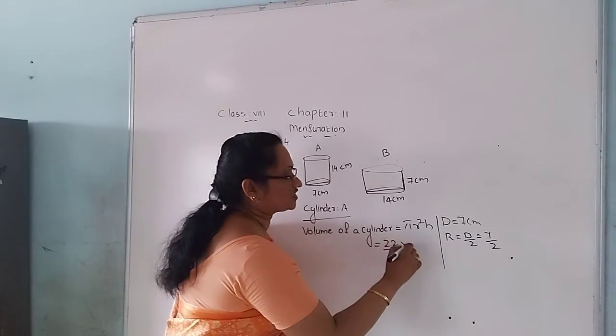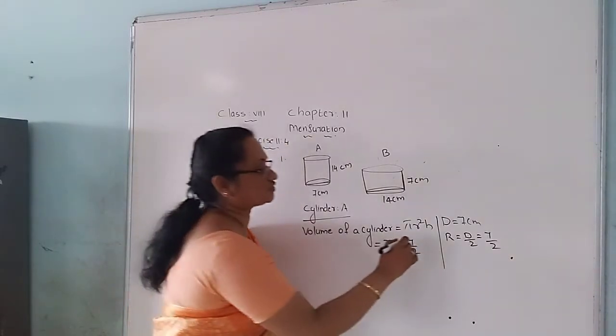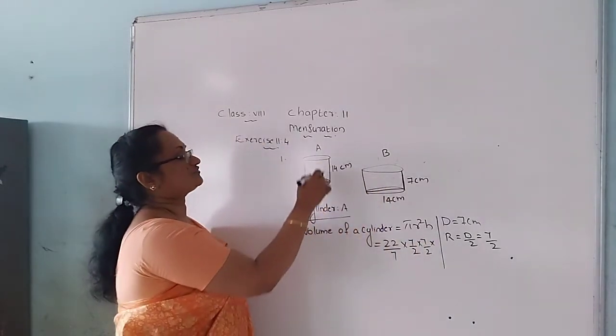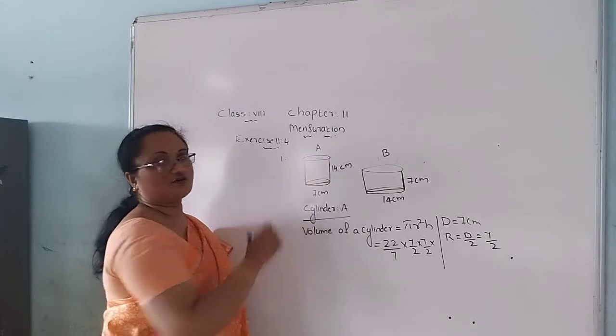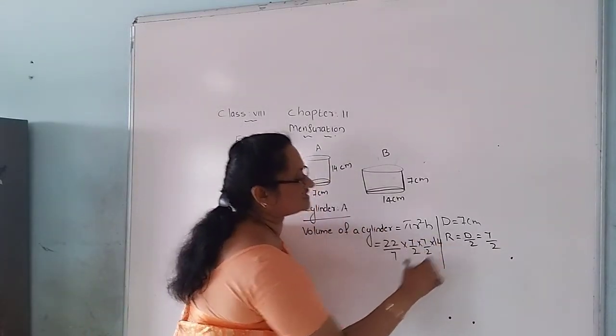Then multiply. So r is 7/2, and r square means it is taken 2 times and multiplied. Then the height of the first cylinder vessel is 14, so h is 14, substituted.